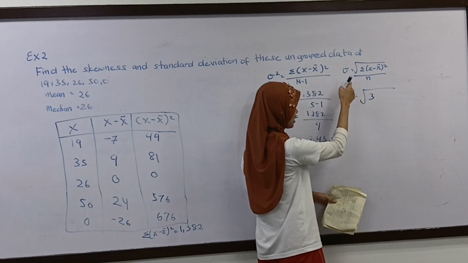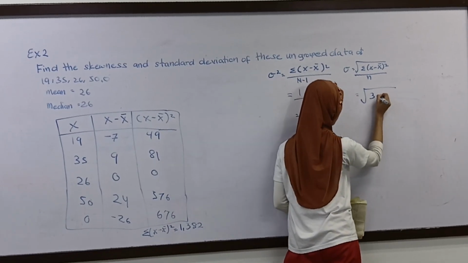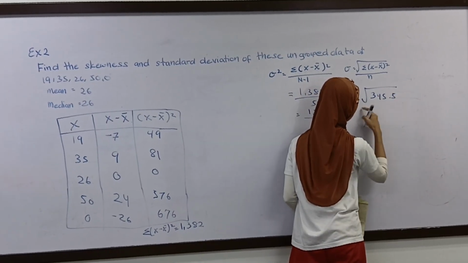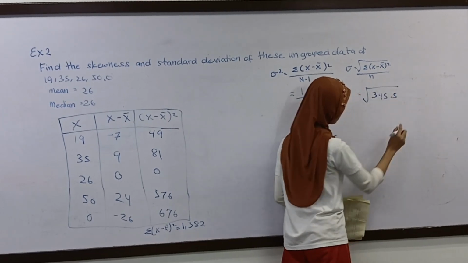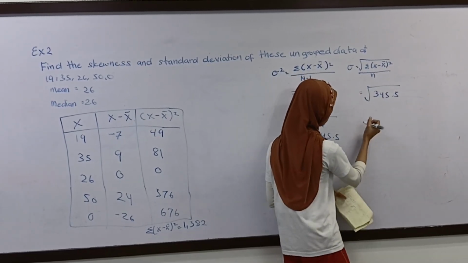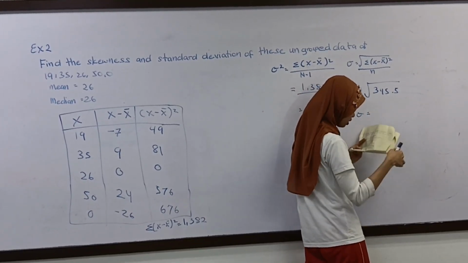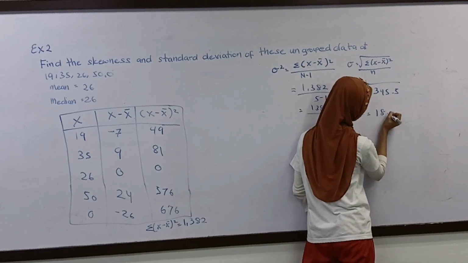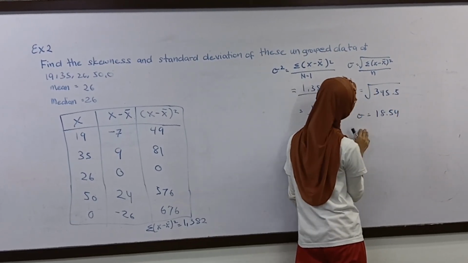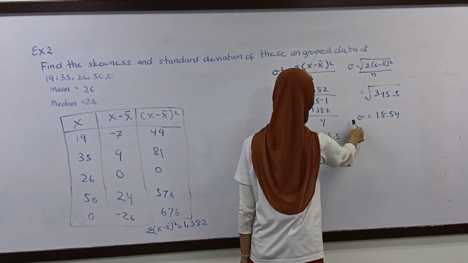In order to find the standard deviation, we have 345.5, and the square root of 345.5 is 18.4. So our standard deviation is 18.4.